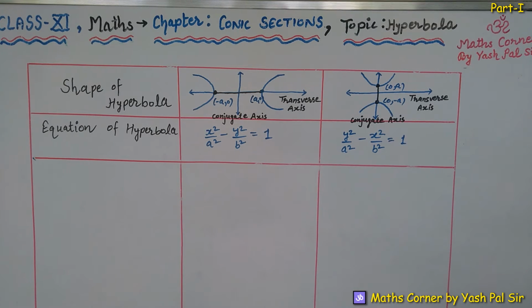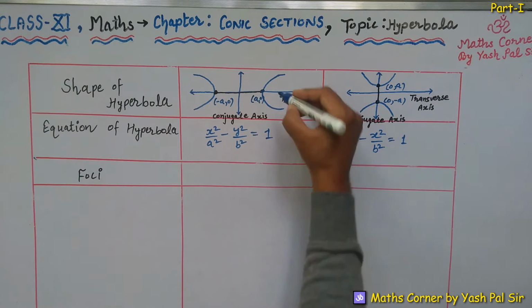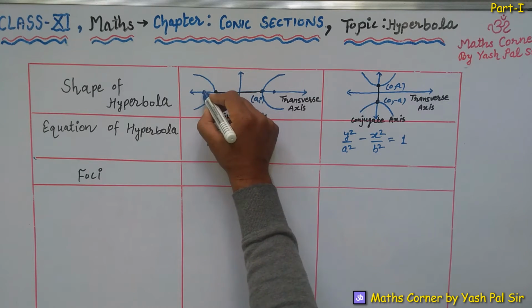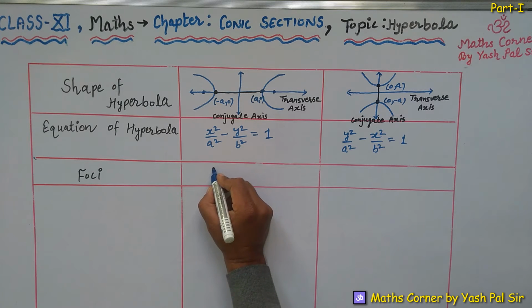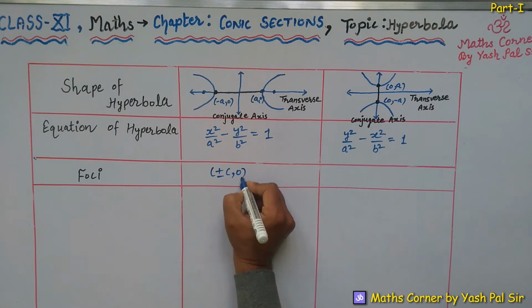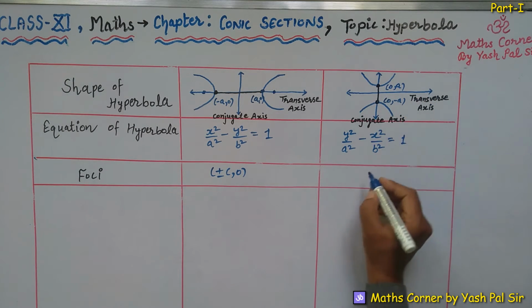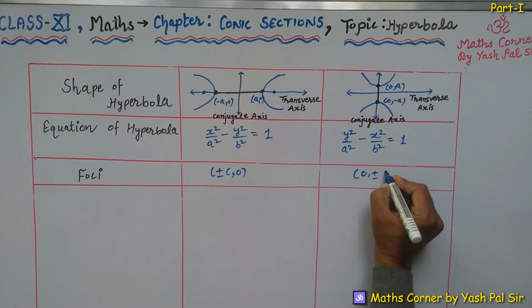Now the foci. In the first case, the foci lie on the transverse axis. Here one focus, here the second focus. So the coordinates of the foci will be plus minus c comma 0, and in the second case the foci lie on the conjugate axis, so the coordinates of the foci will be 0 comma plus minus c.